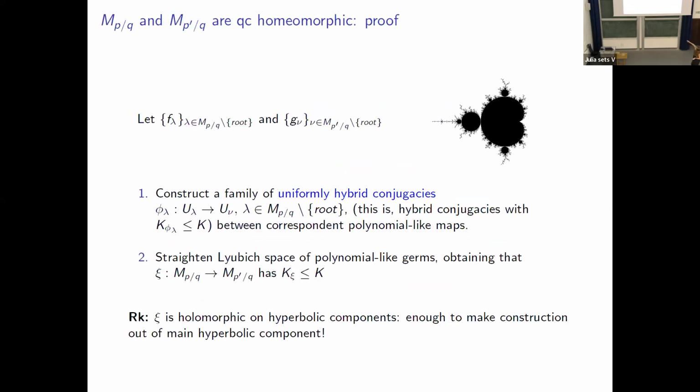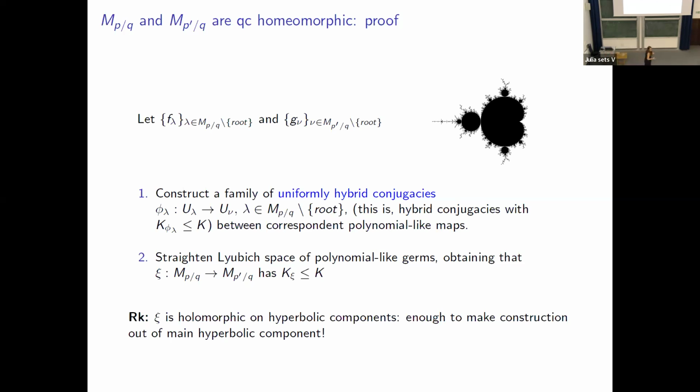But to prove that if the denominators are the same, the map between the satellite copies is quasi-conformal, what do we do? Again, we start by taking a family of quadratic-like maps indexed by my copy minus the root. Of course, the root is not a polynomial-like map. So let's say that these maps have parameter lambda all living here in the 1/3 copy, and these have parameter nu all living here in the 2/3 copy.